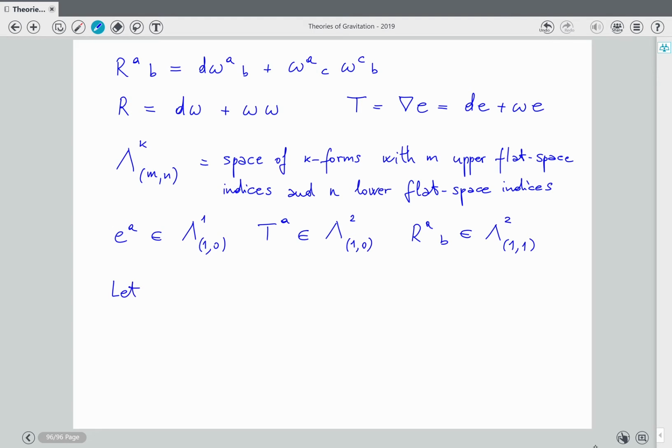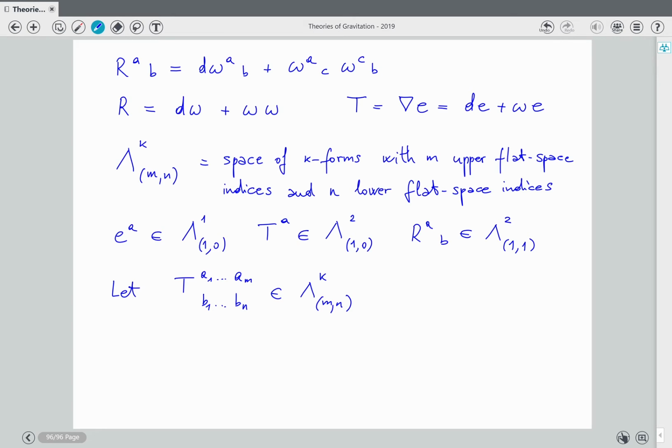So let T, A1, AM, B1, Bn be a generic element of this space. We will see later how we transform the indices A and B, flat space indices, when we change charts, as we said.